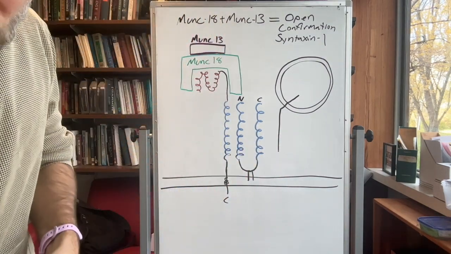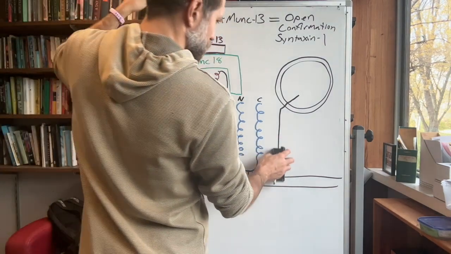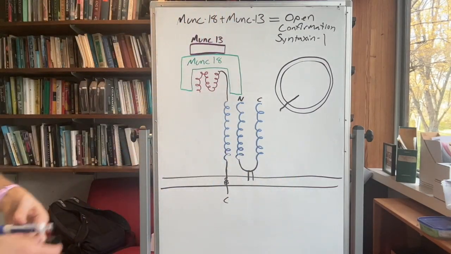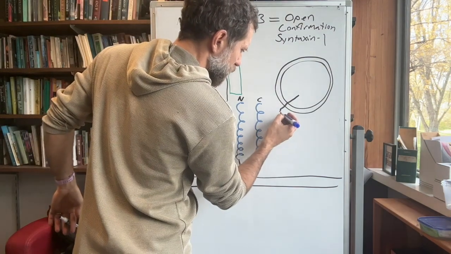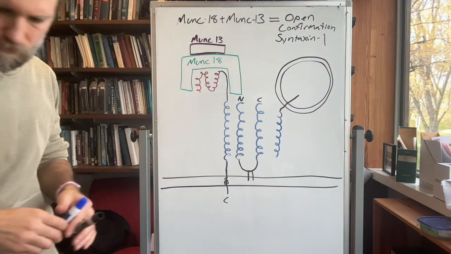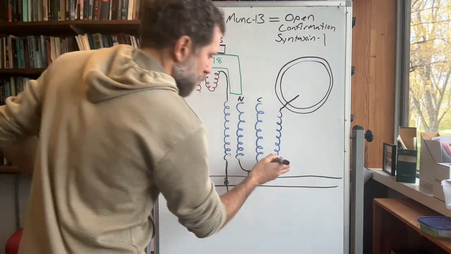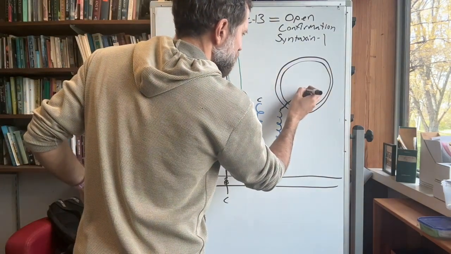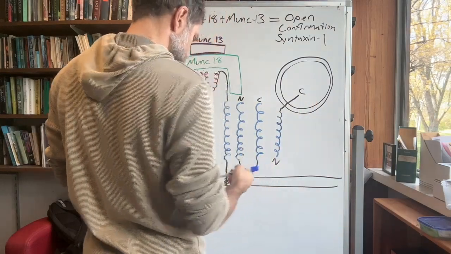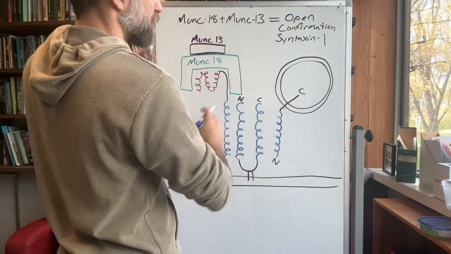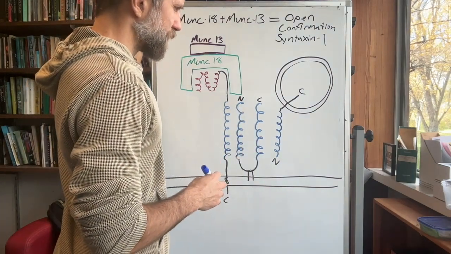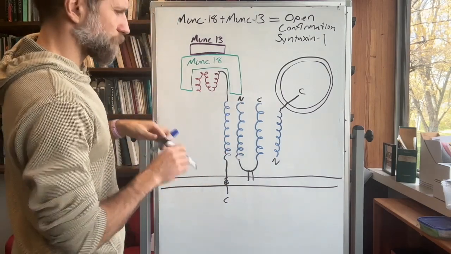Oops. I forgot to draw the ever important SNARE motif. So this protein is called synaptobrevin. The C terminus is on the inside of the vesicle, and the N terminus on the outside in the intracellular space of the presynaptic neuron. And I should write synaptobrevin.